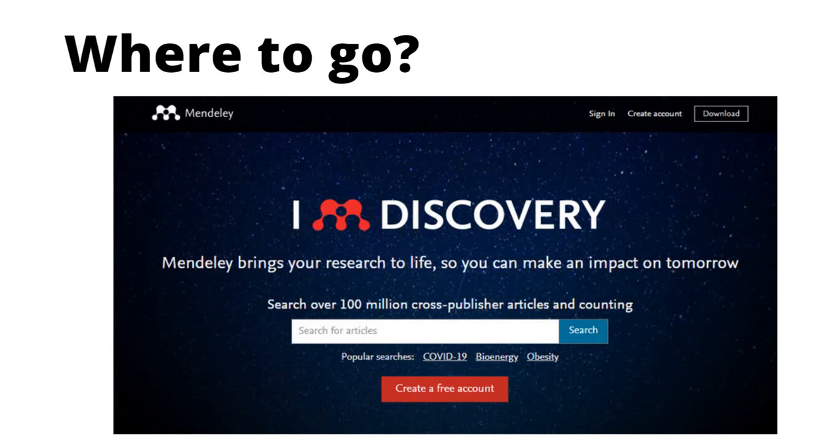And then it also comes with a Chrome extension that will help you see mga suggestions of specific researches nga related sa current research na imong gibasa. So when we do related literature study, I will try to teach you how to use Mandalay. Okay, this is a good one.